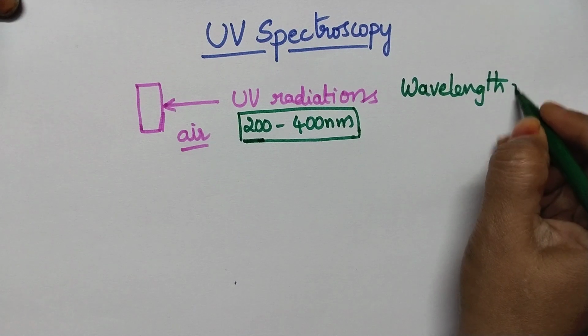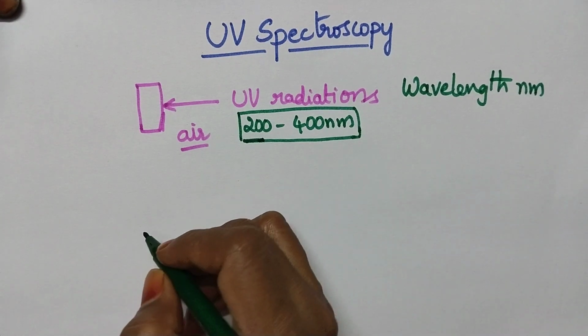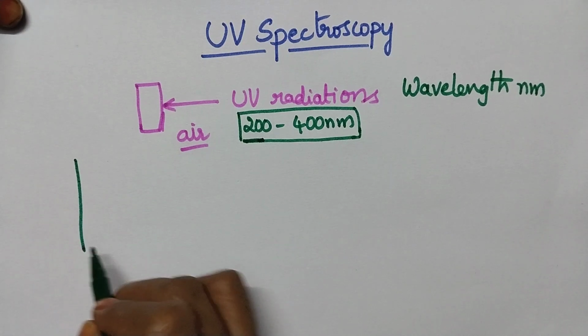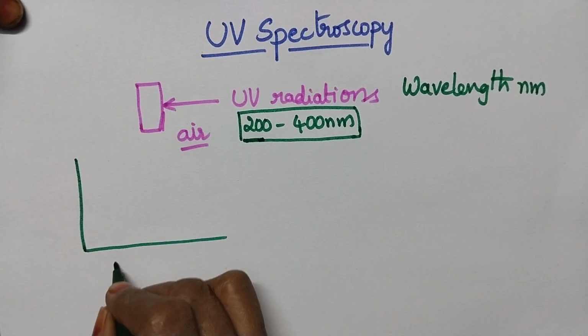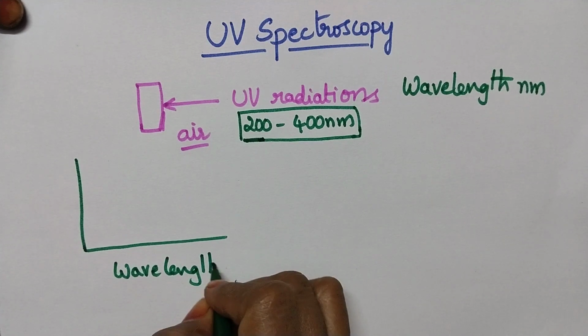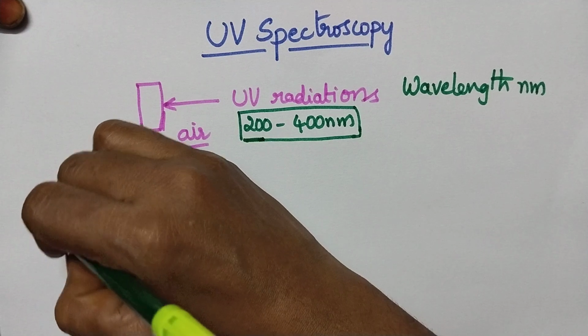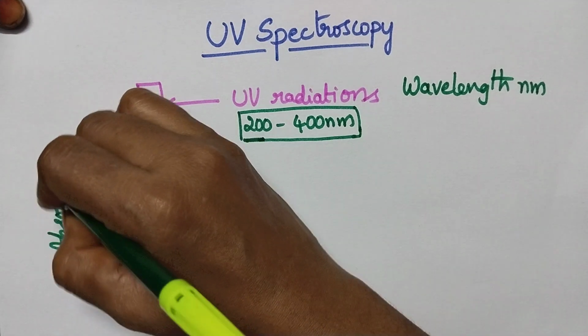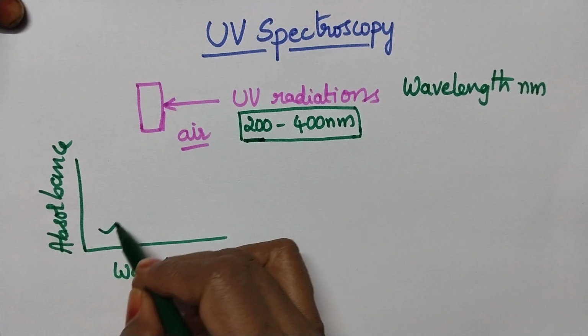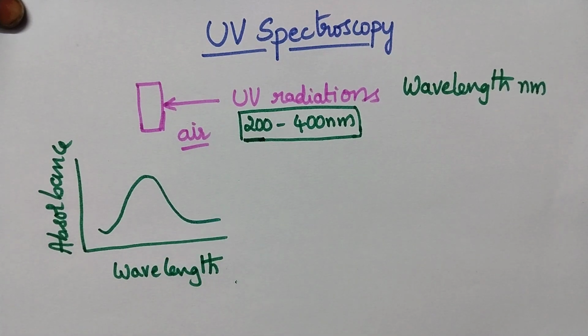and the units are nanometers. Here the spectrum is drawn between the wavelength and the absorbance. Generally it is a parabola in the UV region.